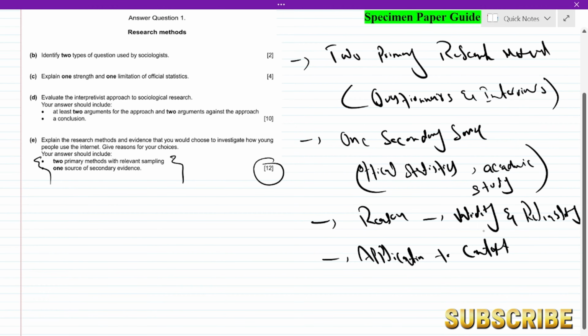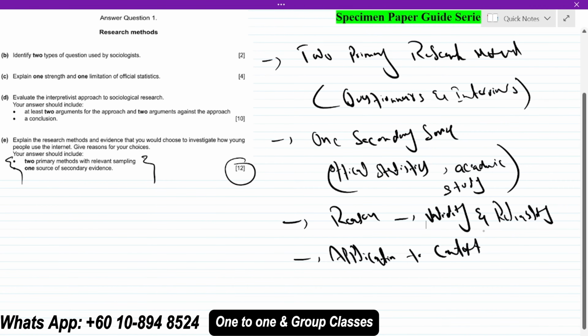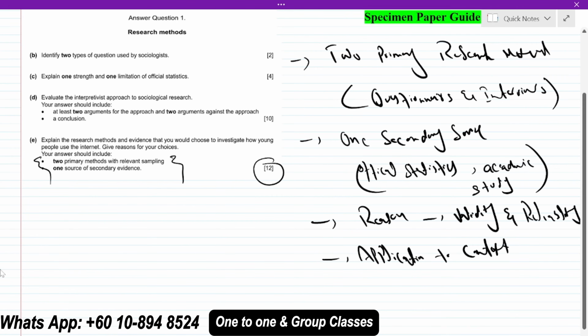What does it mean? How these methods help to investigate the internet use. Right. So this is the overall format of our question that we have to provide while answering this particular section, section E. Now, if we talk about the marking scheme, what is the criteria?